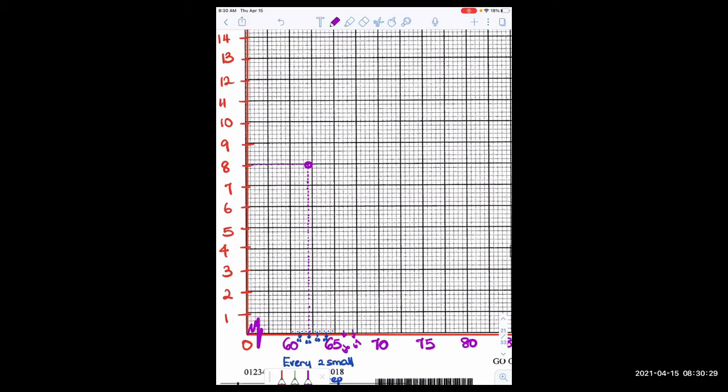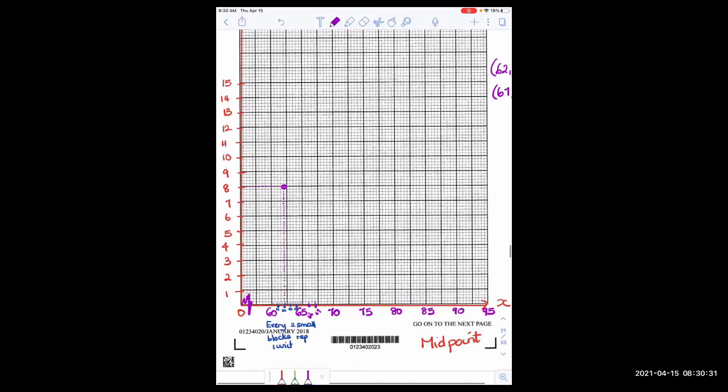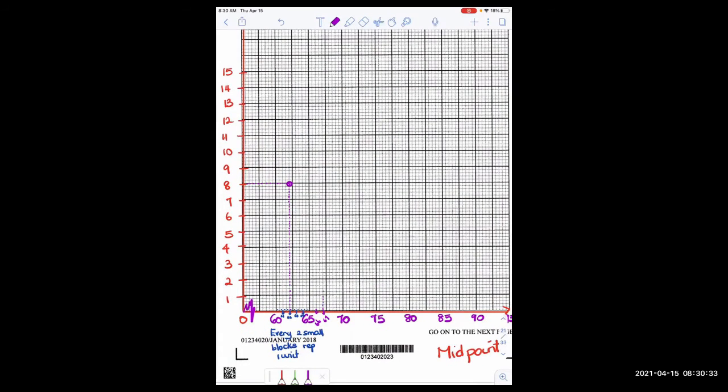So we are going 67 and all the way up to the number 11. That is my second point.